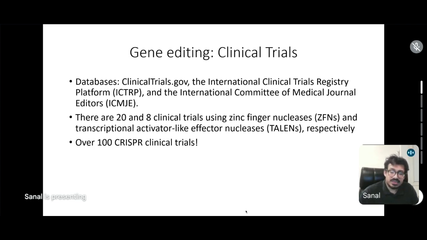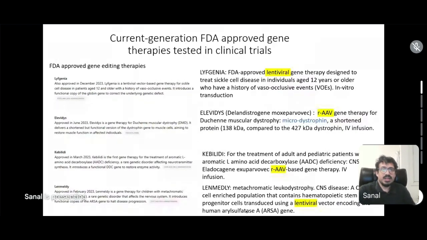One of the popular ones is CRISPR-Cas9, and even before CRISPR-Cas9, people used to edit DNA using zinc finger nucleases and TALENs. That is a very big topic which I can cover perhaps another time. Now there are over 100 CRISPR clinical trials ongoing. We will have a peek into the FDA approved gene therapies in clinical trials.